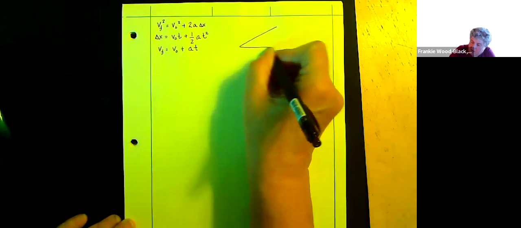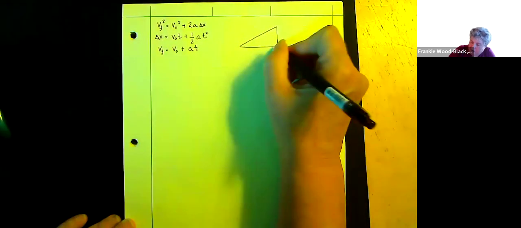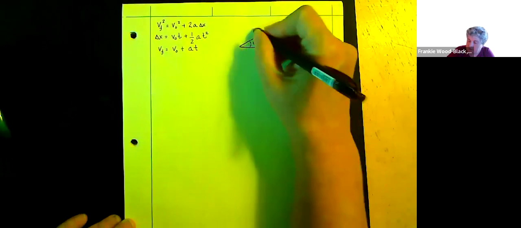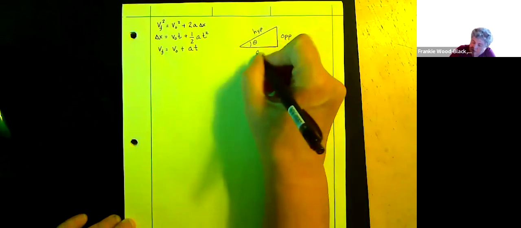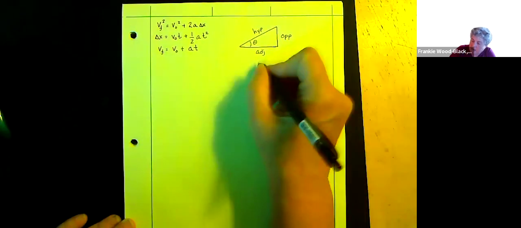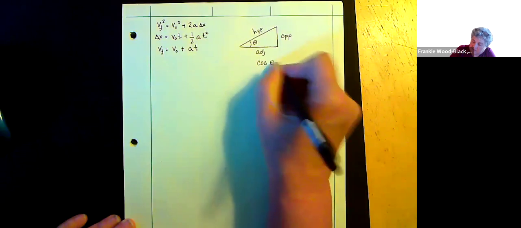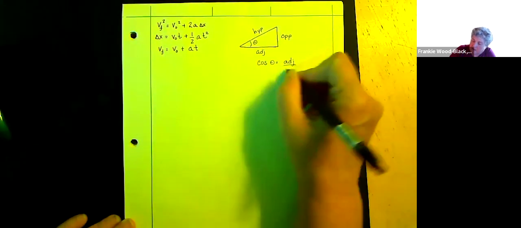Then you probably want to make sure you have your triangle for reference information. Here's our angle. Here's the hypotenuse. Here's the opposite side. Here's my adjacent side. Then I can write the cosine of my angle is equal to the adjacent divided by the hypotenuse.